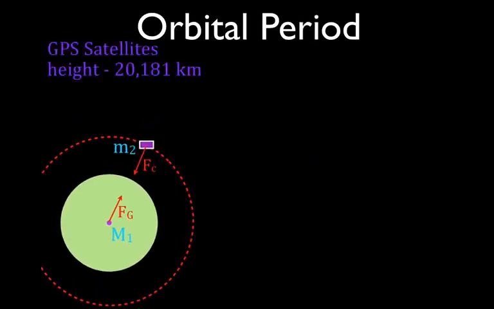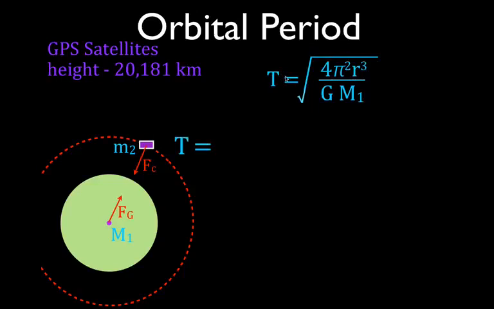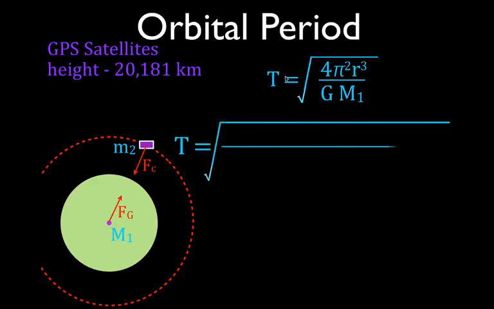Now we're going to do a simple example with a GPS satellite. A lot of GPS satellites have this height above the Earth's surface, 20,181 kilometers. And we're going to use our equation right here, and we're simply going to plug the values in, that the period is equal to the square root of 4 pi squared, and then it's the radius cubed.